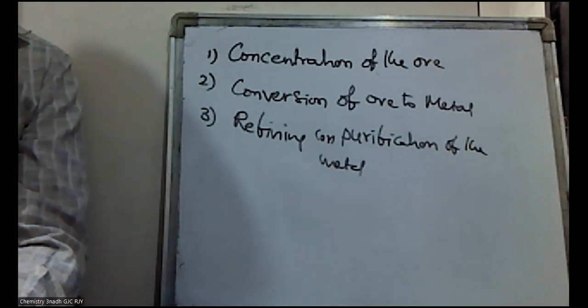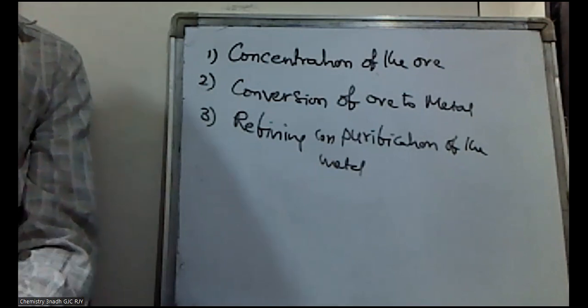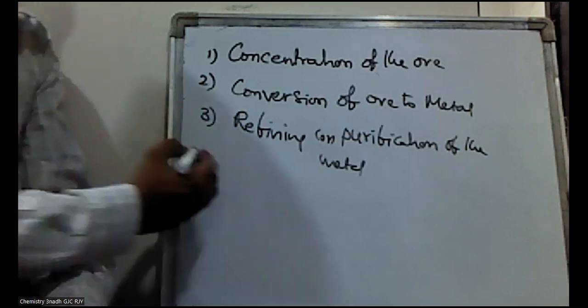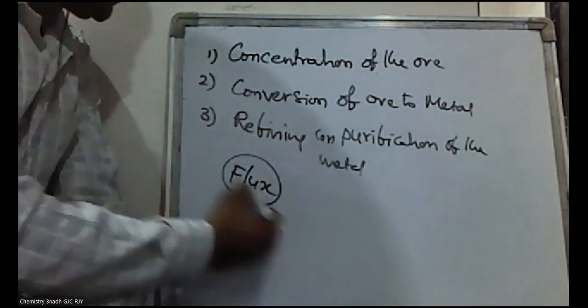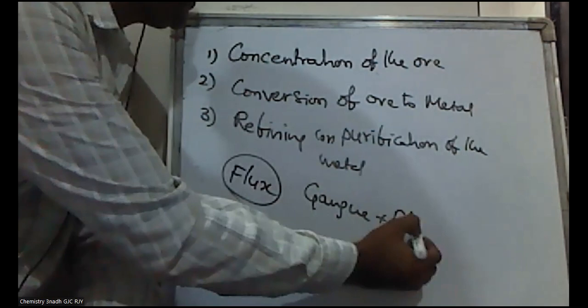For removing the gangue particles, we use some external chemicals. To remove the gangue particles, we add some external substances. Those we call flux, and this gangue plus flux, we call the slag.